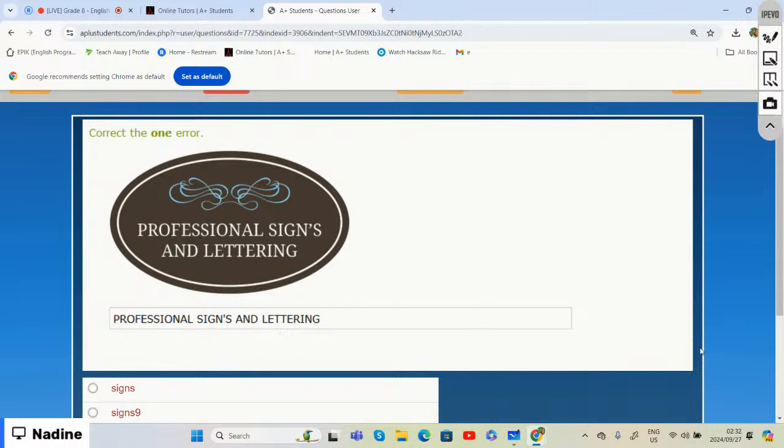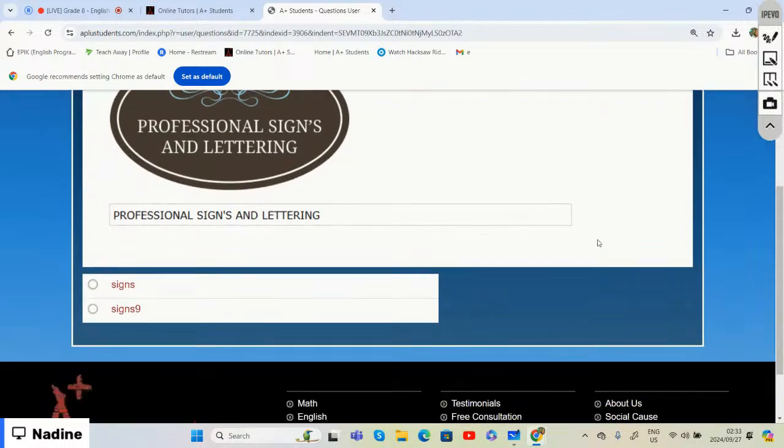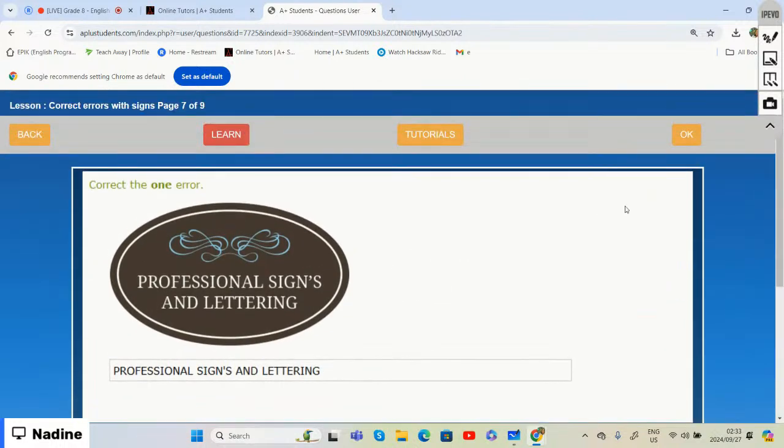Remember, signs should be plural without the apostrophe, because once you add the apostrophe, it shows possession, like something belonging to someone. So if they say professional signs, it means more than one sign, so option one, it's plural.